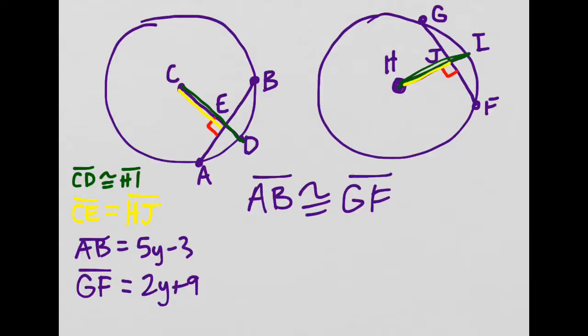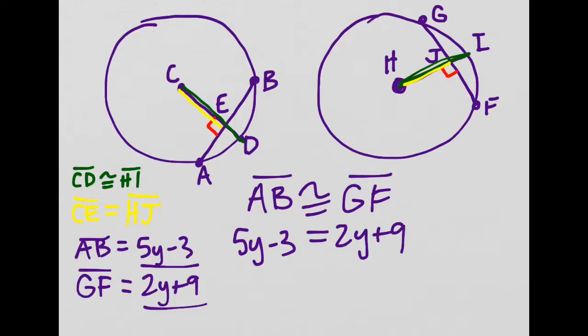If they're congruent to each other, then we know that they're equal to each other by the property of equality. So 5y minus 3, I'm just plugging this in here, is equal to 2y plus 9. Now I'm left with a basic algebra problem. I'm going to get my variables on one side, so I'm going to subtract 2y from both sides.